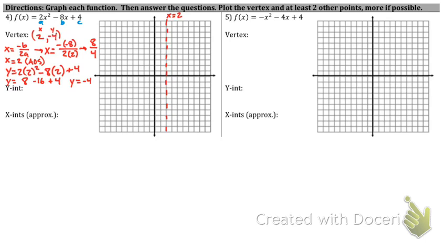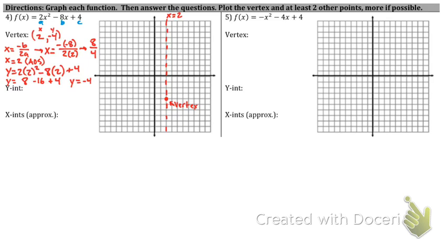So I have found my vertex. I'm going to put a dot at 2, negative 4. Okay, it better be on this line. If it's not on the line, you did something wrong. So 2, negative 4. 1, 2, 3, 4. Okay, and there's my vertex. All right, so we graphed the vertex there.